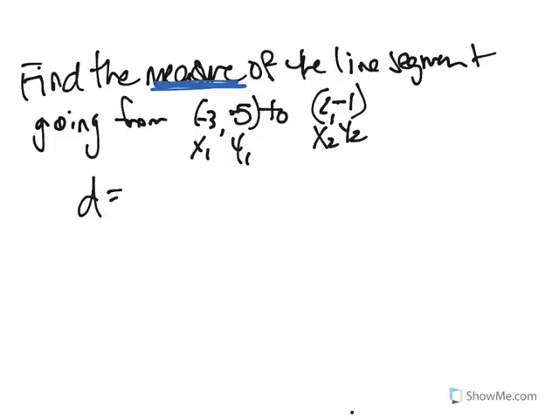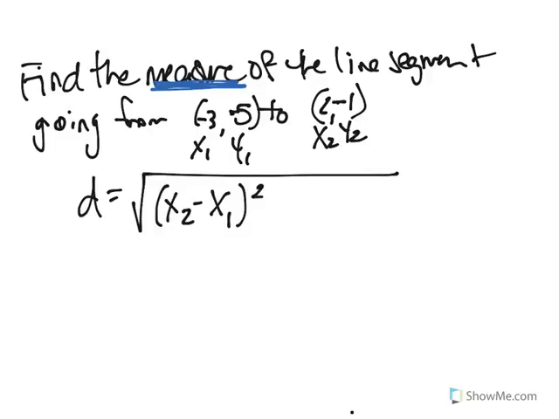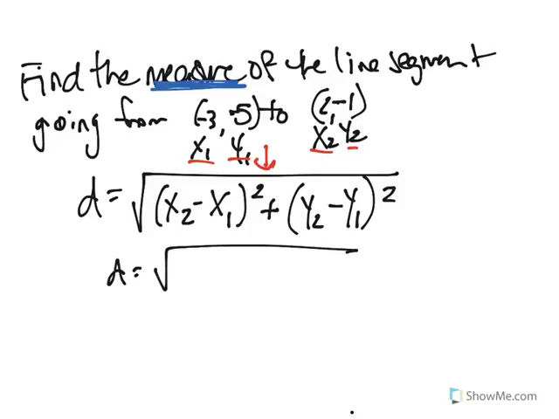I feel like this is a step that we've been skipping a lot, and it's really important that we always write the formula. It organizes our mind. Here's the distance formula. I'm going to plug these values in: distance equals the square root of (2 plus 3) squared plus (-1 plus 5) squared.